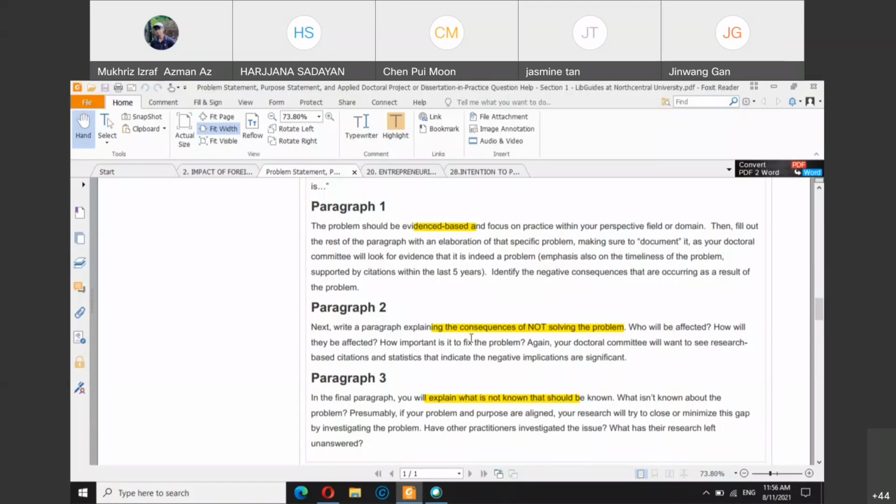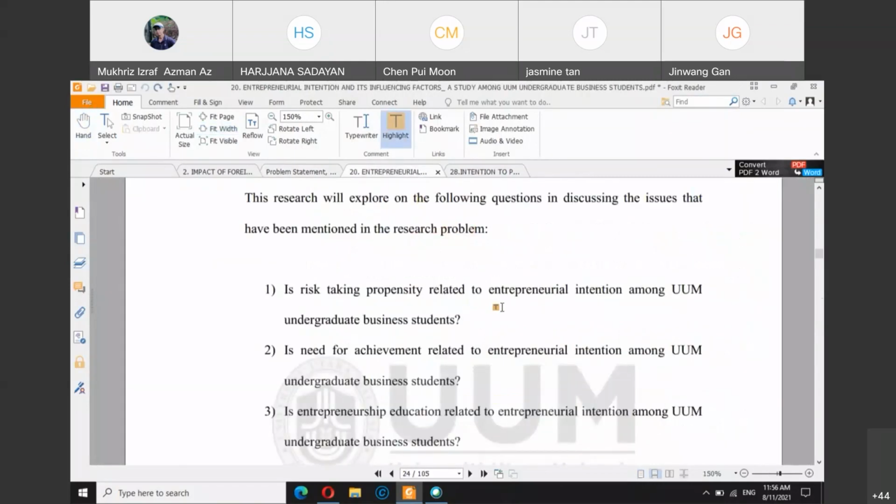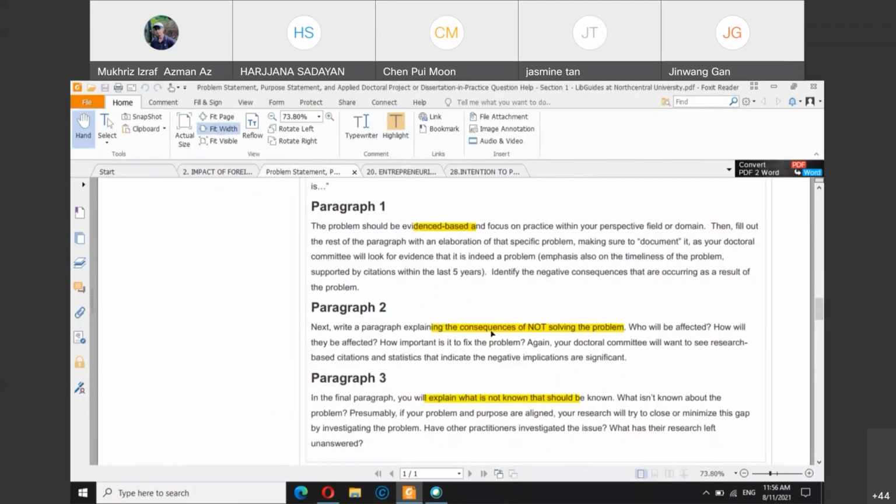For example, you are talking about this particular topic here, entrepreneurial intention among UUM students. The issue could be the high unemployment rate among fresh graduates, because they rely on being employees, being absorbed into the job market.